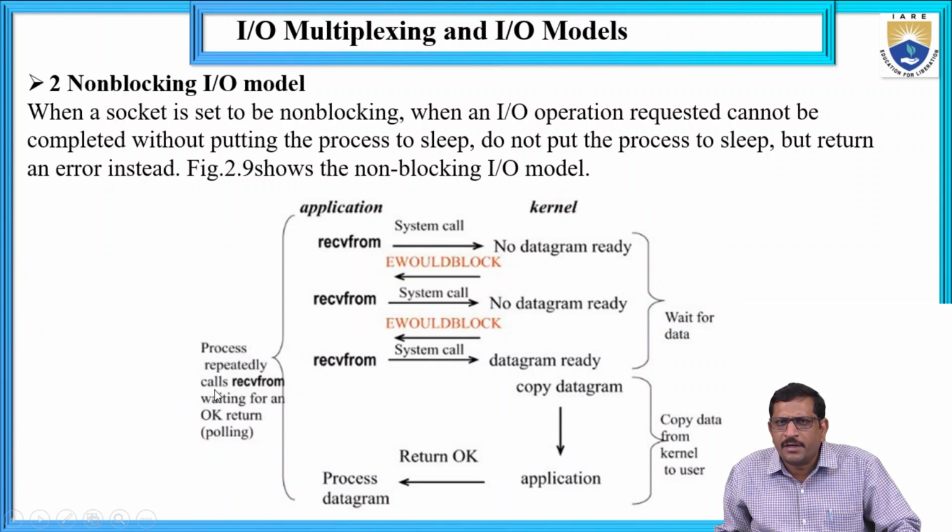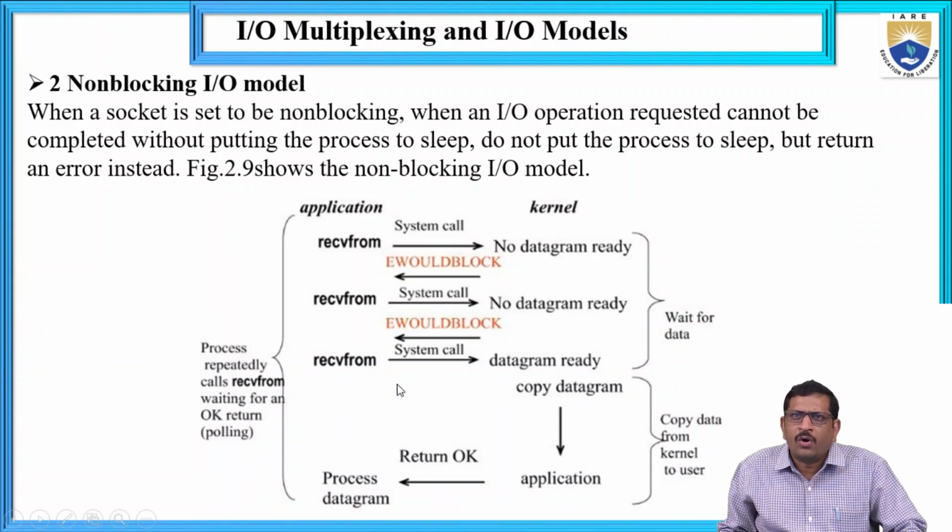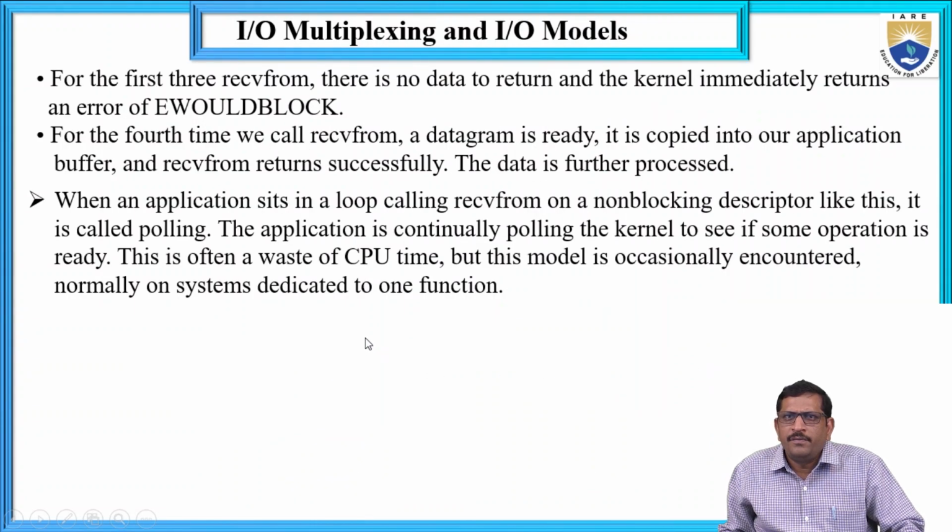Here the process repeatedly calls recvfrom, waiting for an OK return. That is polling, in the non-blocking IO model.